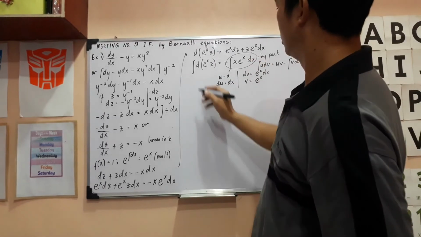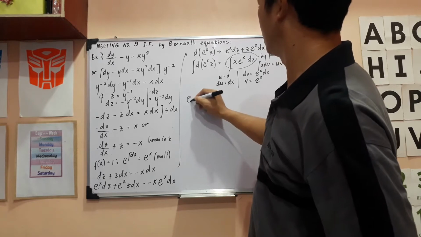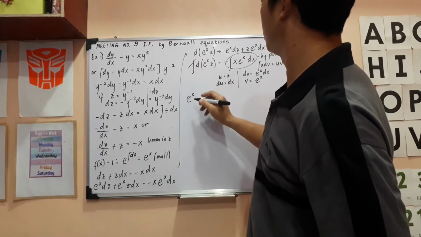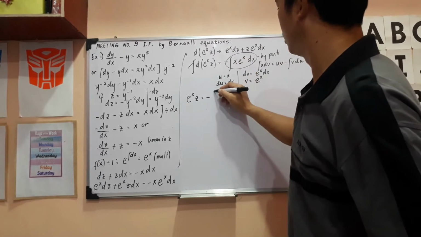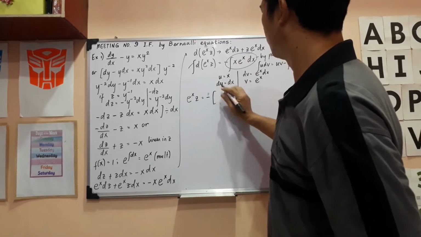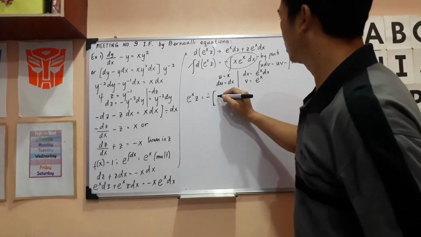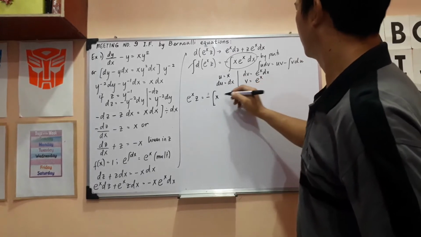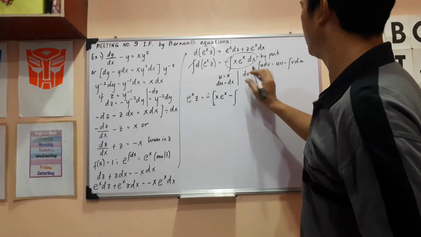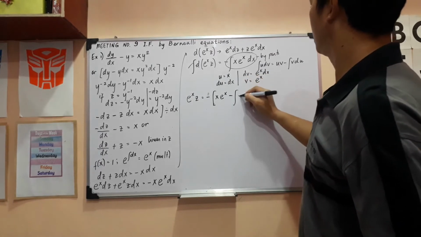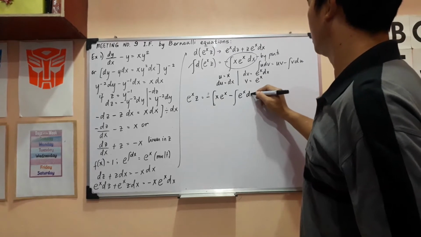So here, e raised to x then z is the answer on the left, because the integral of the derivative cancels itself. And then equals to, minus, that one is from the first. So follow the by parts. u is x, v is e raised to x, and then minus integral v, e raised to x, and then du is dx.